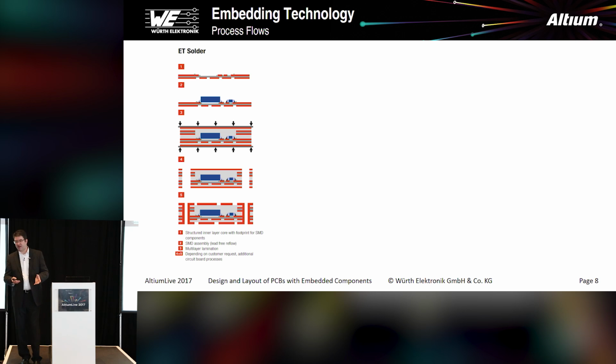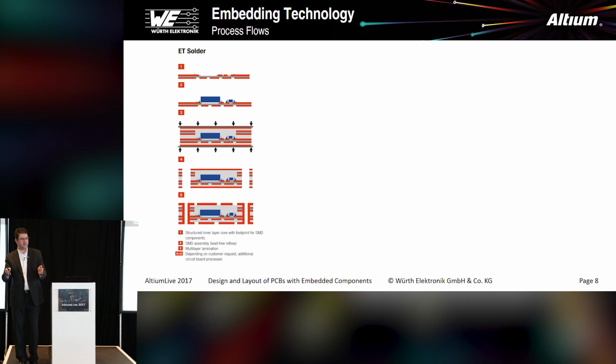After the assembly of this thin core, we go to the lamination step. So this is step 3 here in that case. We take cut-out prepregs, whether routed or punched, doesn't matter, but they need to be cut out in the area where the components sit. So we create a virtual cavity for those components so that they won't be destroyed in lamination. How will they be embedded? This actually happens during lamination.